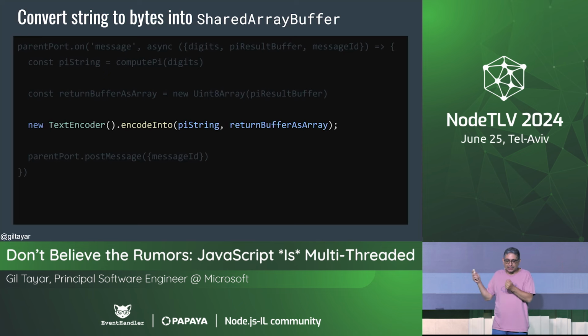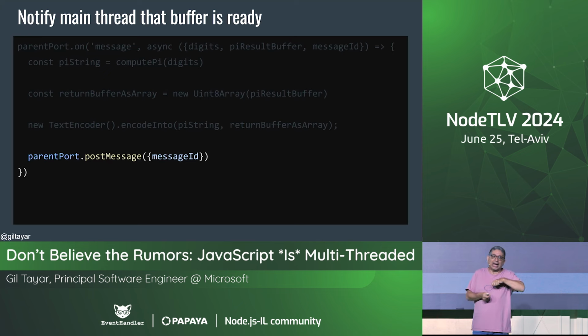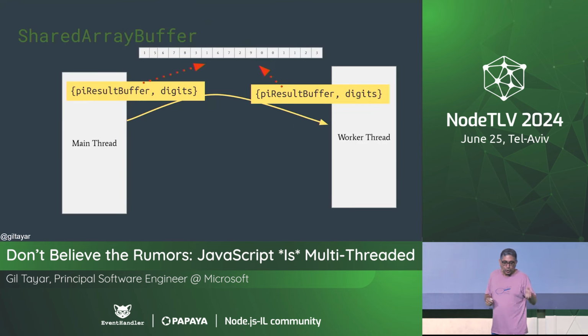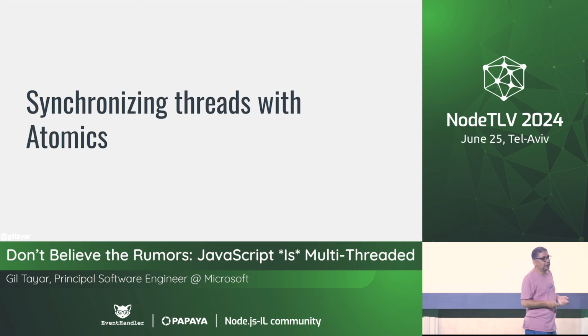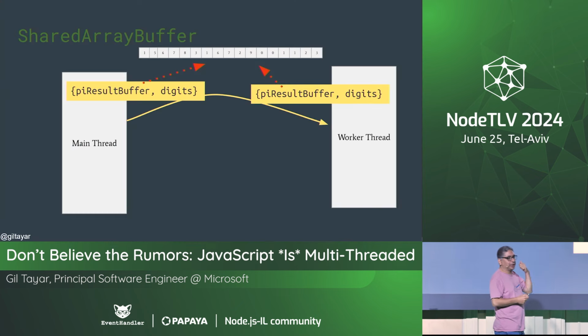And we post a message back with the message ID. I don't need to return the shared array buffer because the main thread already has it, and we're sharing memory this time. Perfect. So we have the shared array buffer. I sent it. The worker thread inserted the result into the pi result buffer, and now I can use it and return the image in the main thread.